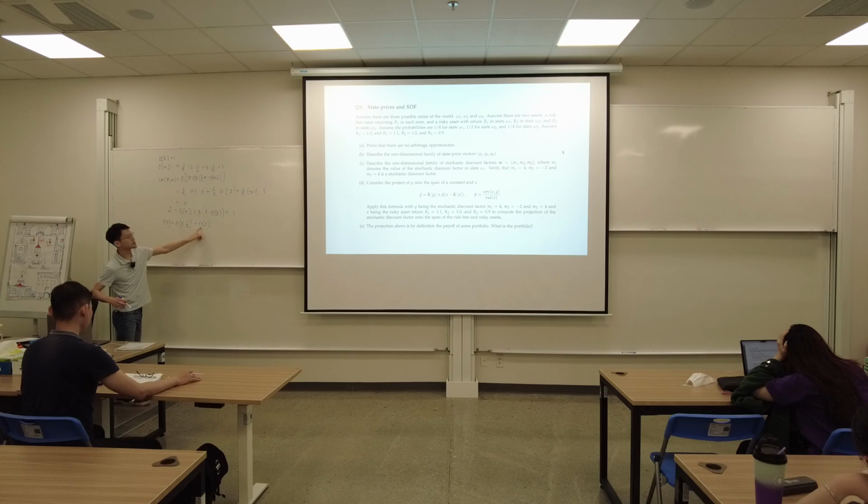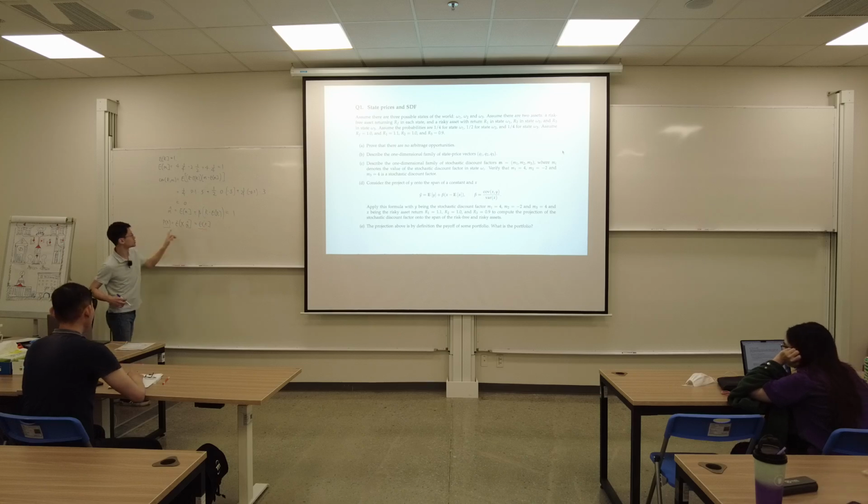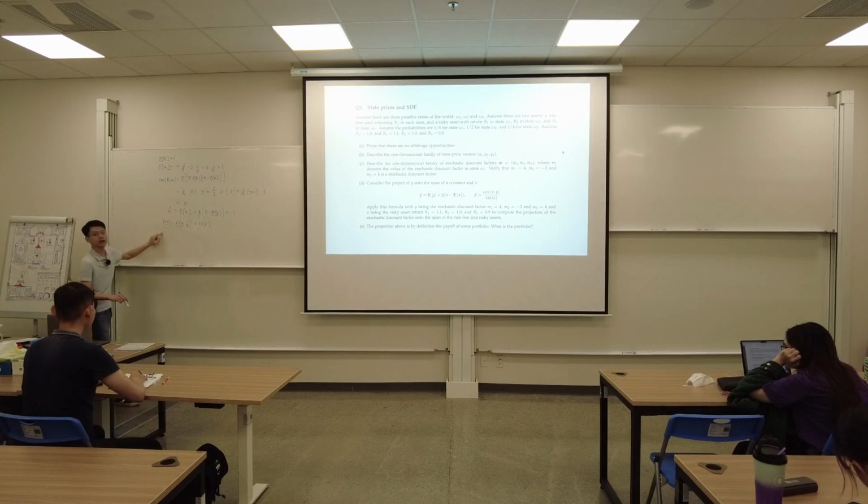But here we have the expectation of x, so it is true even when x is random. Even if x is not risk-free, we still price it by just its expectation.